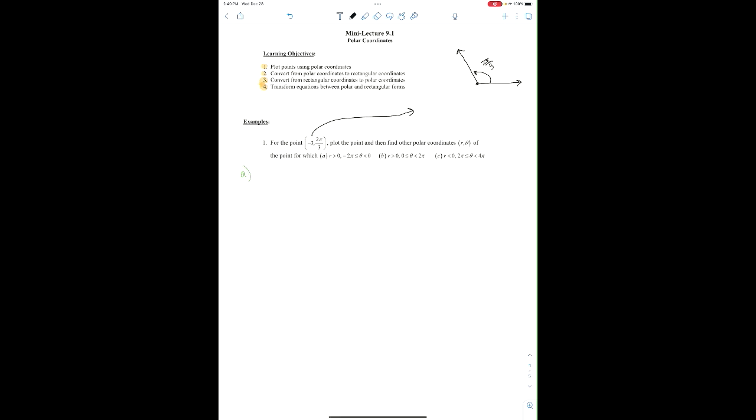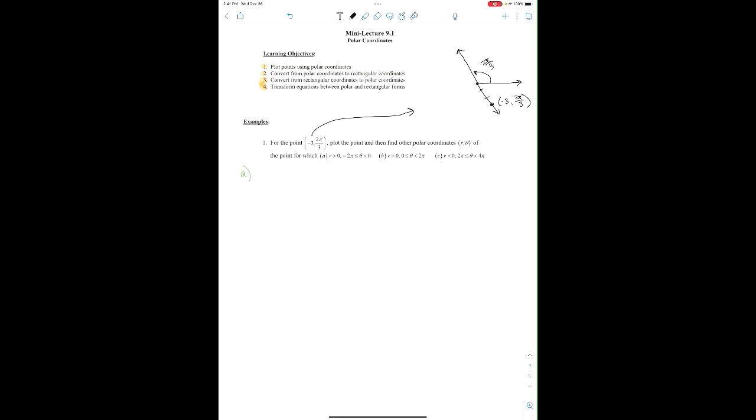That's 2 pi over 3. But we want a negative r, so we look at the opposite side of it and go down -3. So that's our point: -3, 2 pi over 3.